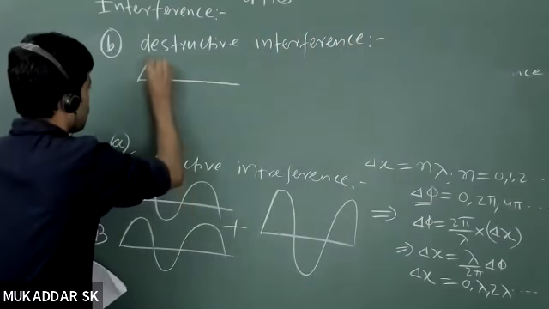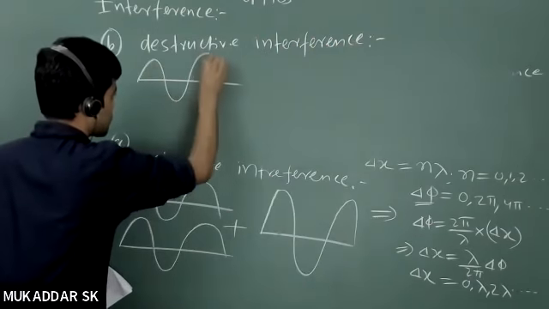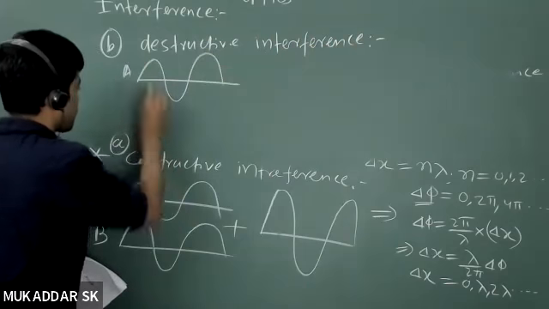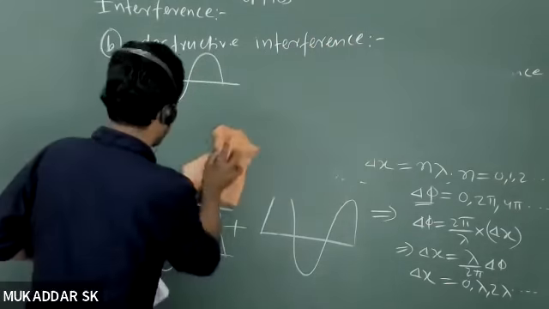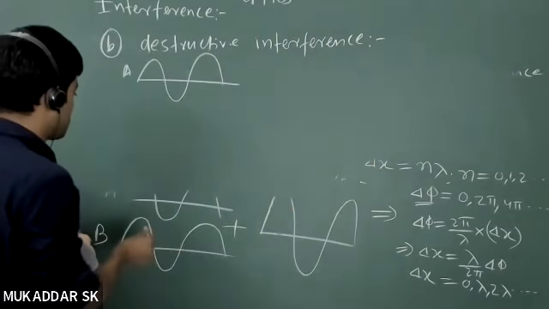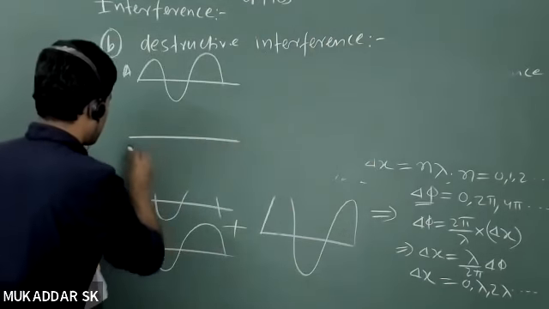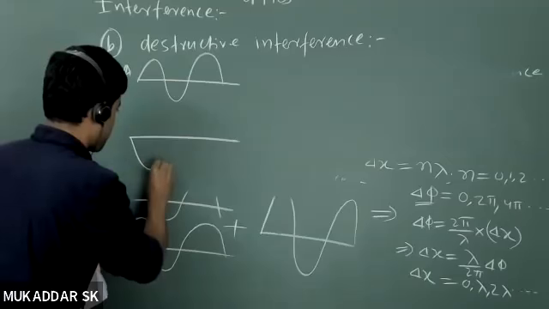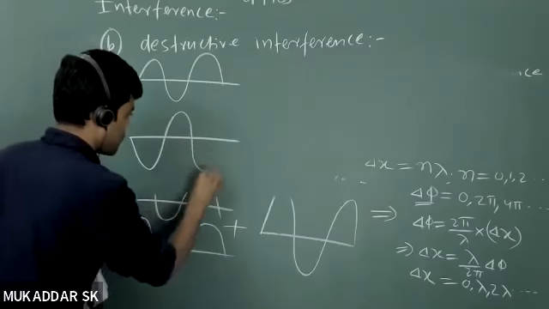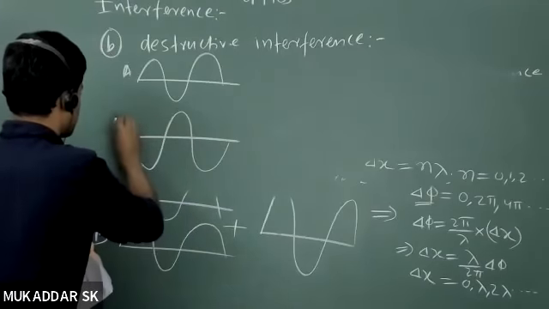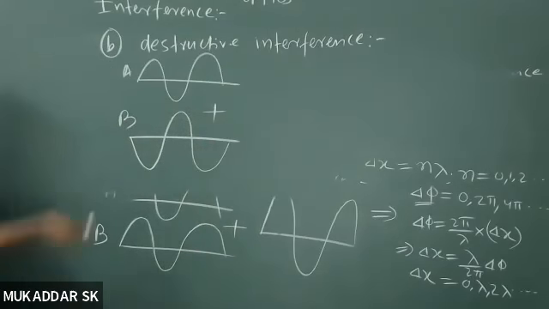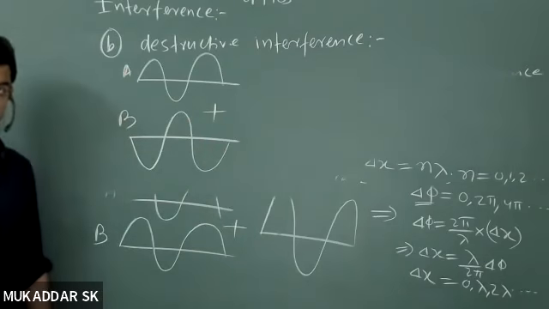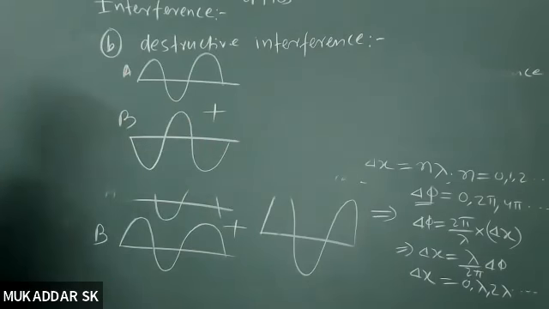Suppose you have wave A and you have wave B. This is your wave B. And they are superimposing. Now you see, their phase difference is how much here?